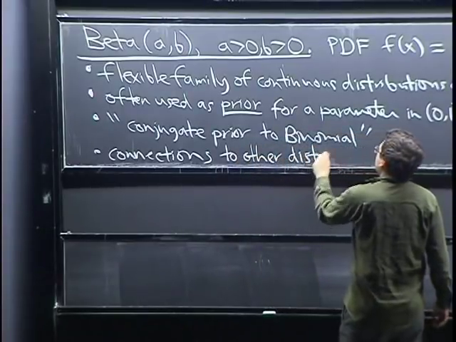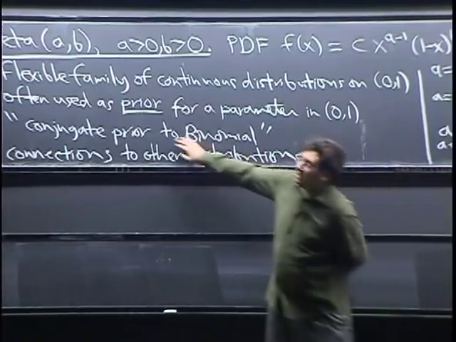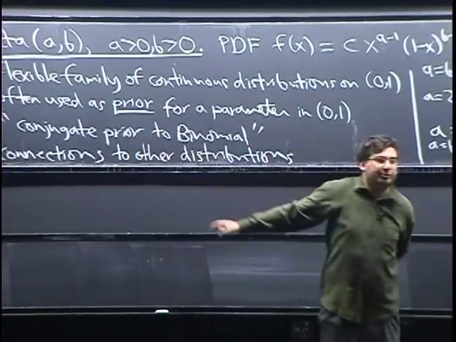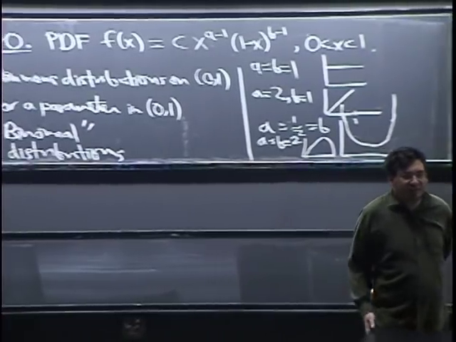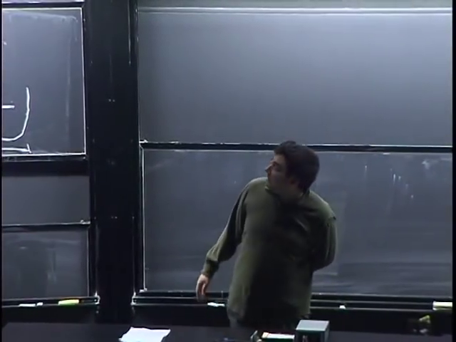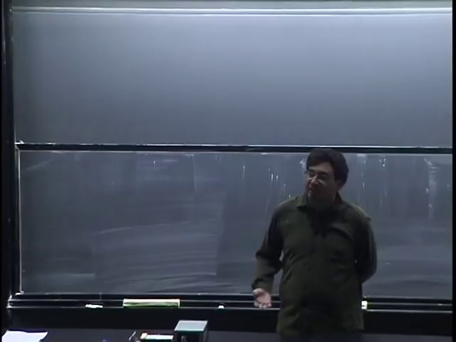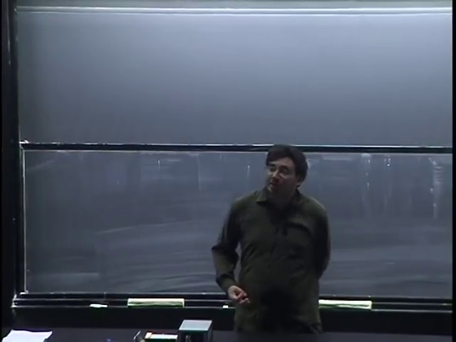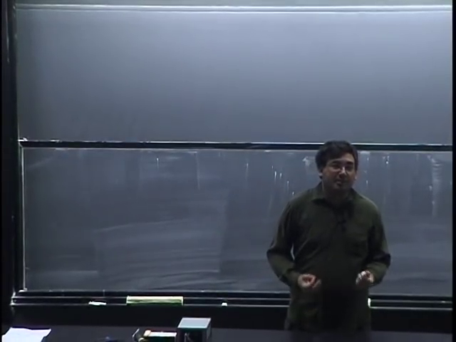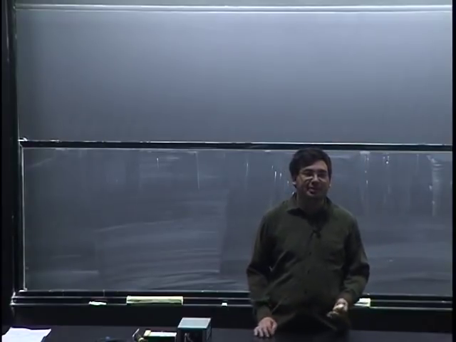Okay, so let me explain what this conjugate prior thing means, because I just wrote that, but obviously you don't know what that is unless you happen to have seen it before. What we're going to do is generalize Laplace's rule of succession. Remember, that was the problem about the probability that the sun rises, where we assumed complete ignorance about the probability of the sun rising. Obviously, it doesn't have to be about the sun rising.